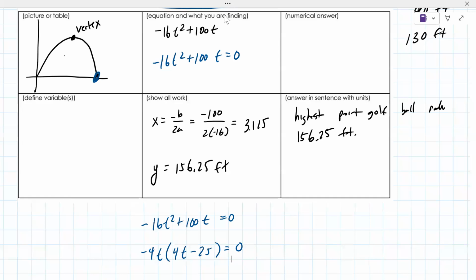I got t equals 0 and t equals 25. It's 25 over 4 though. Sure, 100 divided by 16. Yeah, so it would be 25 over 4. So t equals 0 and t equals 25 over 4.